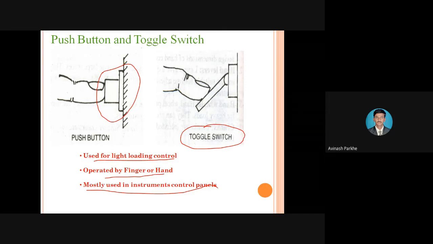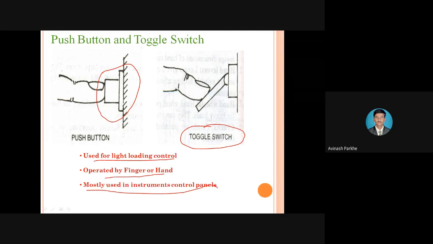If you have observed the electrical panel of any machine, so many push buttons are provided, so many rotating knobs are provided, so many switches are provided. Such small control devices are provided on the machine control panel, so we can handle and control that machine very easily.